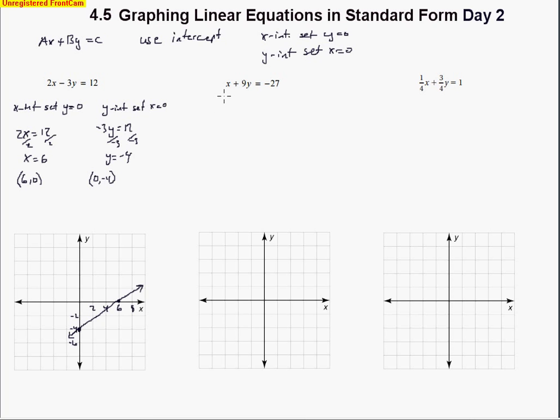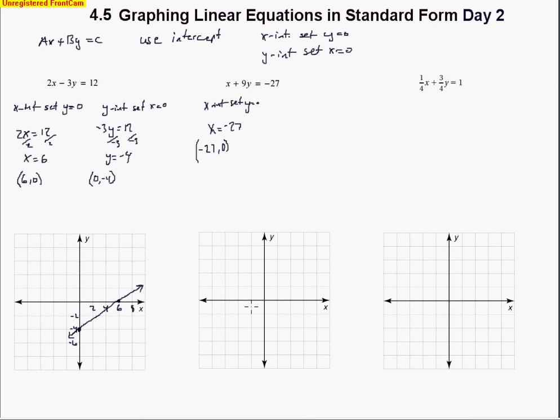Let's take a look at the next one here. This is definitely one where we'll have to change the intervals on our graph, because if you look at the x-intercept, when I set y equal to 0, I'm left with just x equals negative 27. That's the beauty of the standard form method: sometimes when x or y is by itself, you can find that intercept quickly. So this is negative 27, 0. Going by 3's, I don't quite have enough, so I'll call this one 6 spaces.